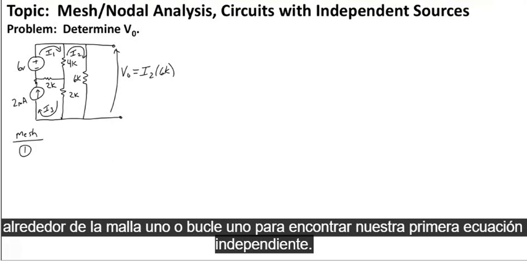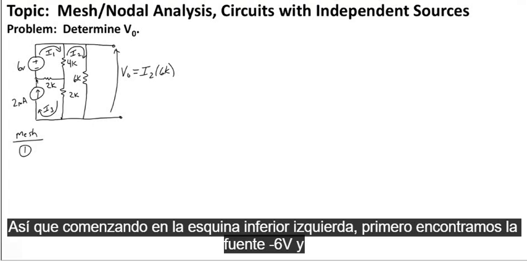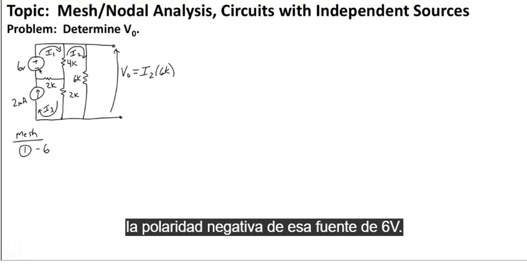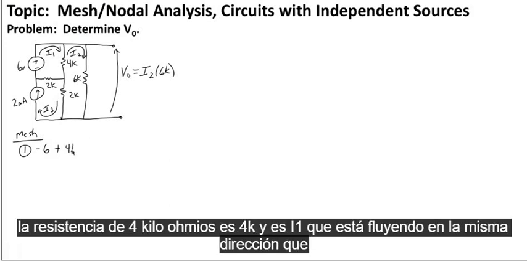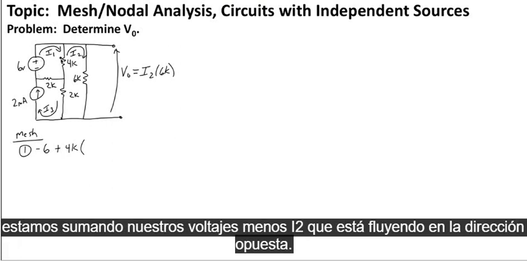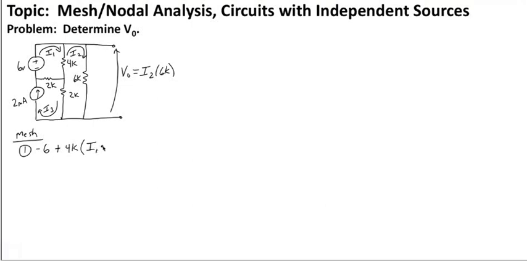to find our first independent equation. So starting in the lower left-hand corner, we first encounter the minus 6 volt source and the negative polarity of that 6 volt source. We continue, we encounter the 4 kilo ohm resistor. The voltage drop for the 4 kilo ohm resistor is 4K times I1, which is flowing the same direction as we're summing our voltages, minus I2, which is flowing the opposite direction.